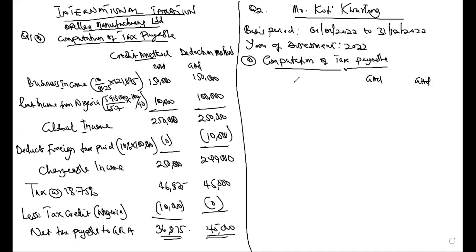So his income: let's do the employment income. His annual salary is, how much is the annual salary? 60,000.